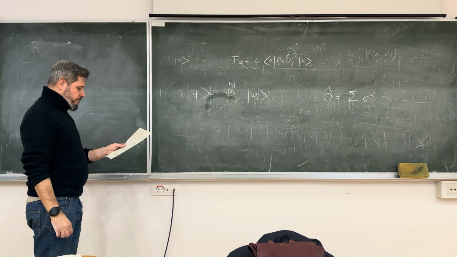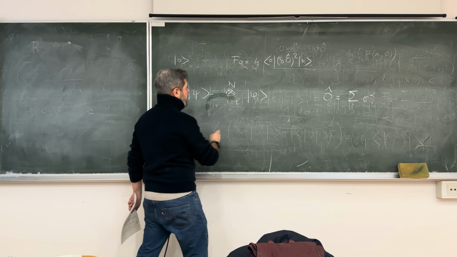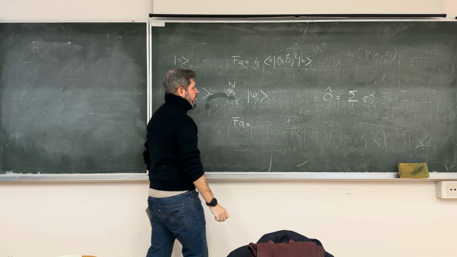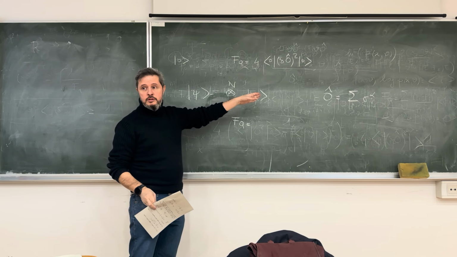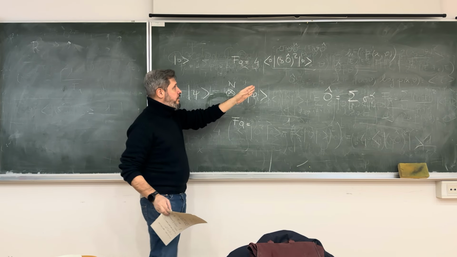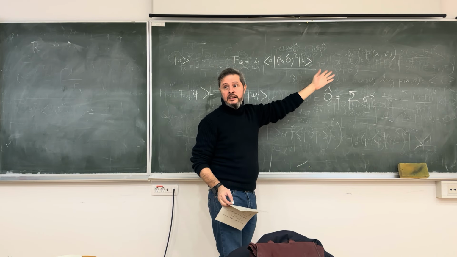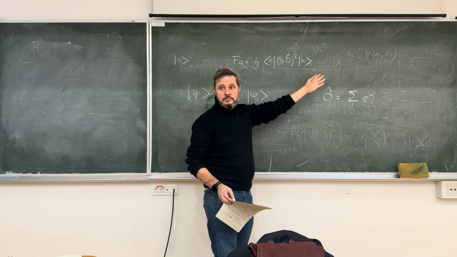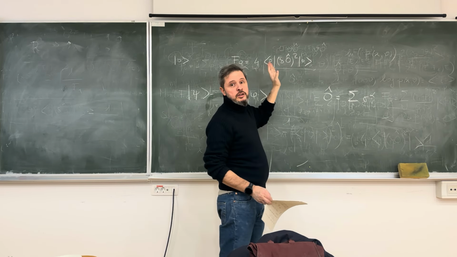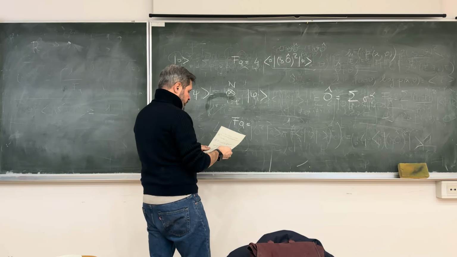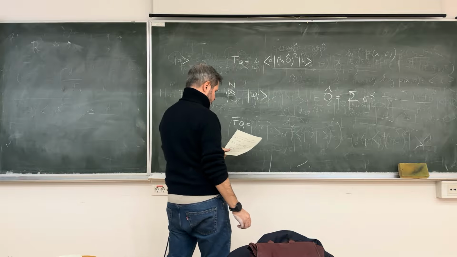Now, it's pretty trivial that in this case, since these spins are all uncorrelated, the Fisher information will scale like n, right? Because it's going to be the sum of all fluctuations for each independent spin.